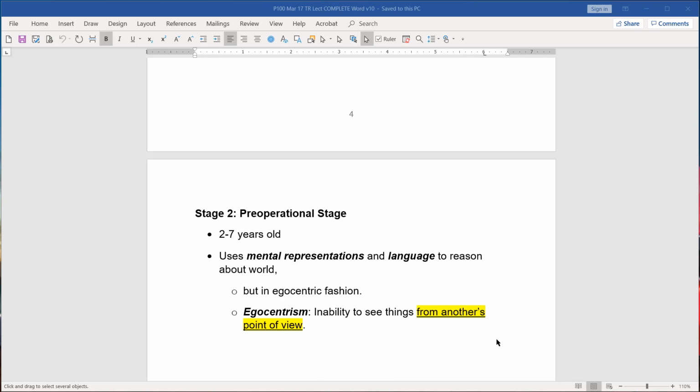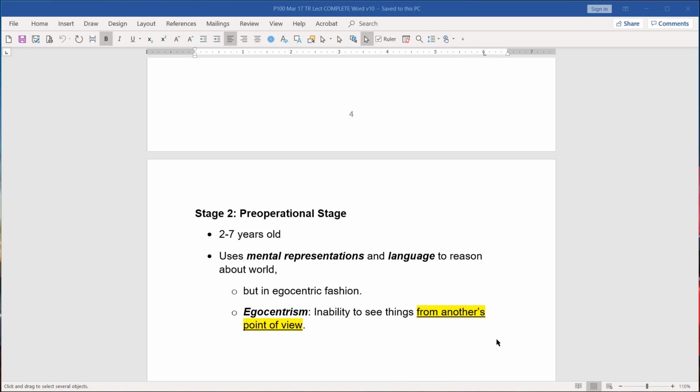You can see this in even very concrete terms. Psychologists will sit across a table from a child, arrange blocks in a certain order in front of her, give a set of similar blocks to the child, and say, I want you to arrange your blocks the way that my blocks are arranged, but I want you to arrange them so that they look to you the way that my blocks look to me.